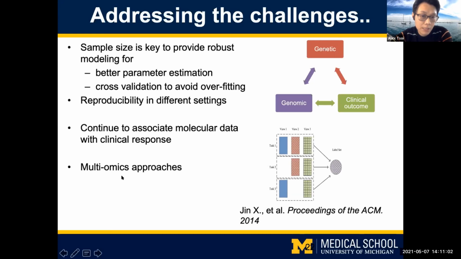In addition to relying on only one or two techniques, trying to integrate multiple different omics to make the inference would significantly improve the result. This column is just to illustrate this idea. Assume you have multiple different data sets, and each data set could have different types of features.